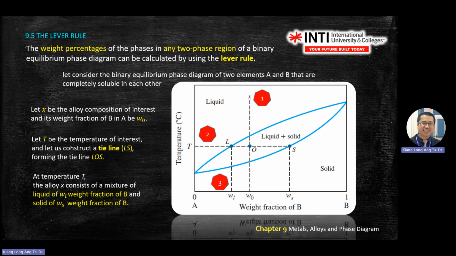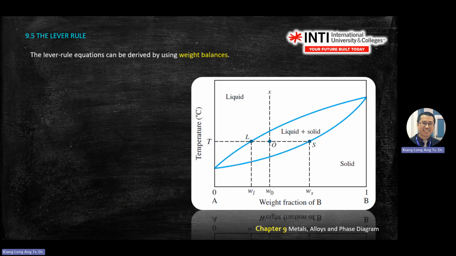Okay, next we start to apply the percentage by using weight balance. So you know that liquid and solid, you add together, you get 100%. So XL plus XS equals 1 at all points, right?